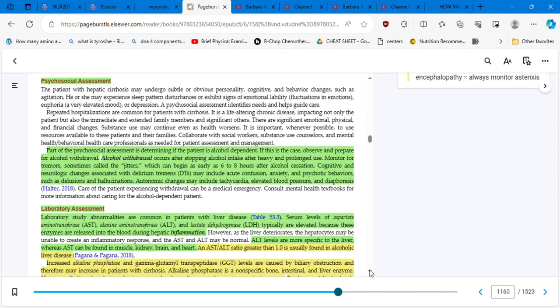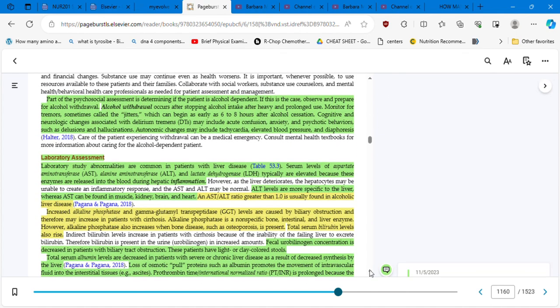Psychosocial assessment. Part of the psychosocial assessment is determining if the patient is alcohol dependent. Monitor for tremors, sometimes called the jitters, especially when alcohol withdrawal occurs after stopping alcohol.